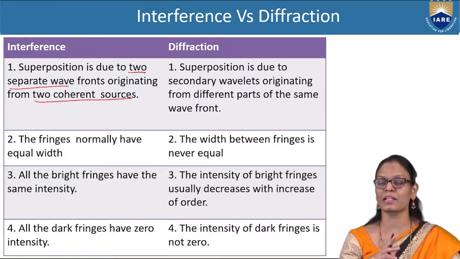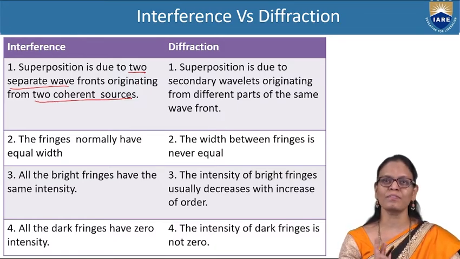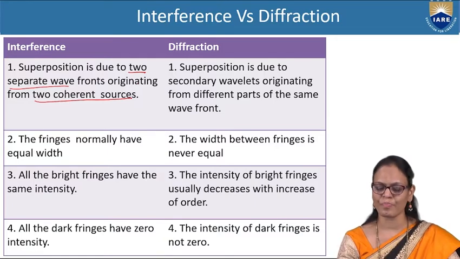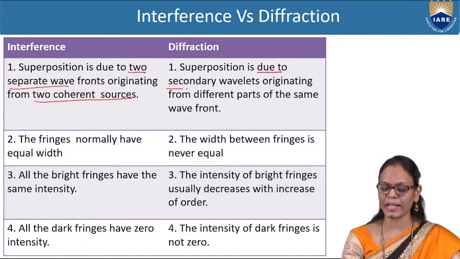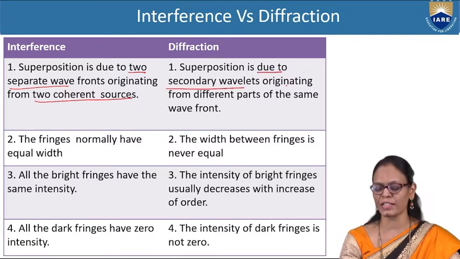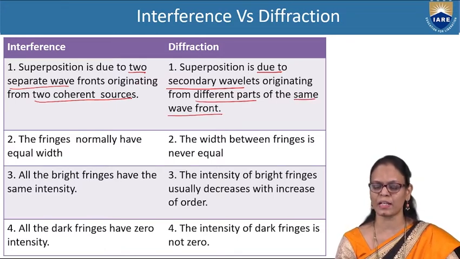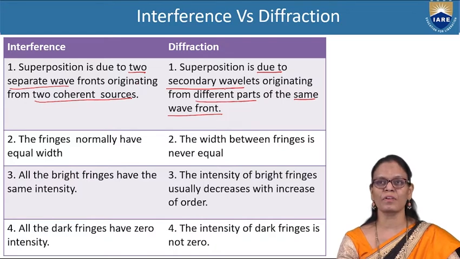So the two waves that are superimposing are from two different coherent sources. But in case of diffraction, it is due to the secondary wavelets originating from different points of the same wavefront. If you recollect the diagram we have seen, the wavelets are from the same source, same wavefront, and they are superimposing on each other.